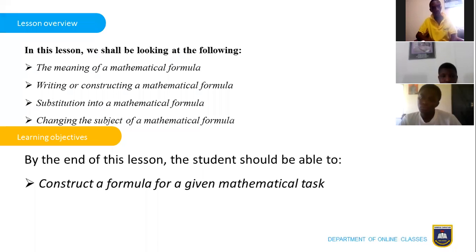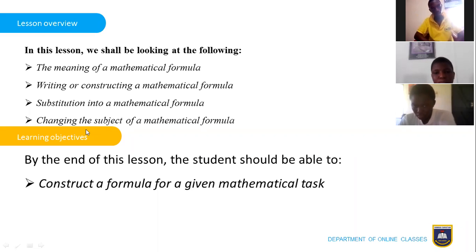We went through the lesson overview and we said that in this lesson, we shall be looking at the following: the meaning of a mathematical formula, writing or constructing a mathematical formula, substitution into a mathematical formula, changing the subject of a mathematical formula. And then the learning objectives: by the end of this lesson, you should be able to construct a formula for a given mathematical task.